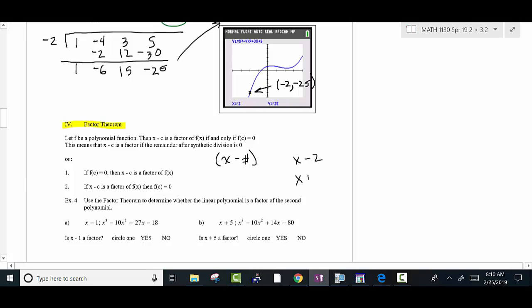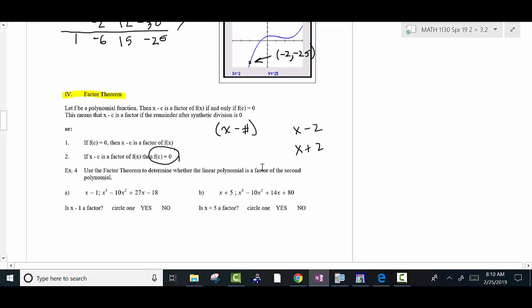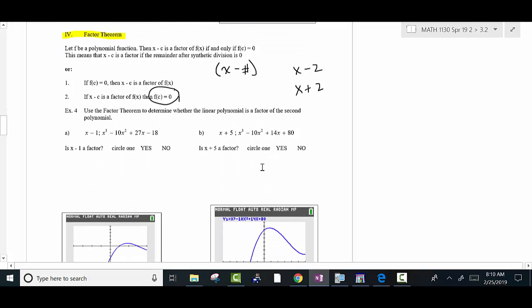Or if you had x plus 2, that's another form of a factor like that. So basically what you do is you divide synthetically, and if the remainder turns out to be 0, then it is a factor. Okay, so we use synthetic division sometimes to factor polynomials, and that's one of the things we're going to do. Okay, so here's what we do on this then.